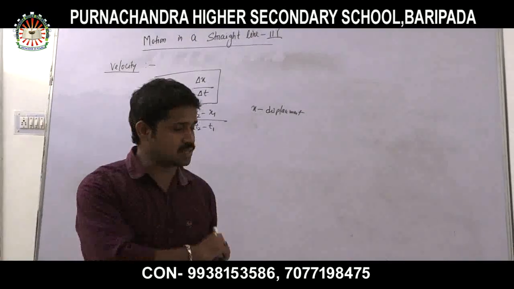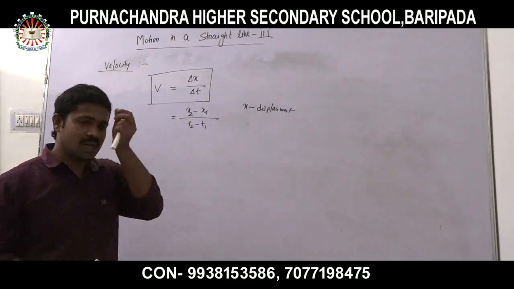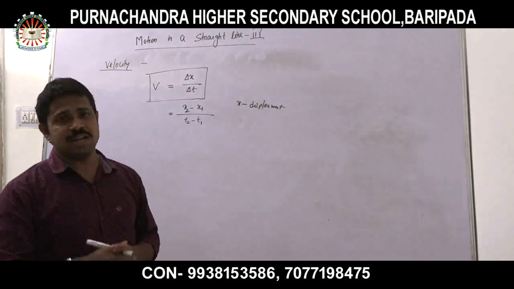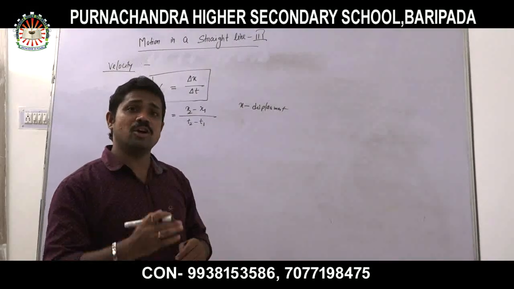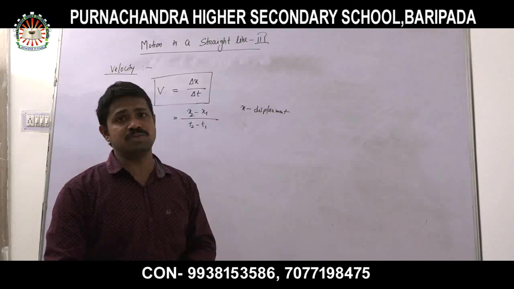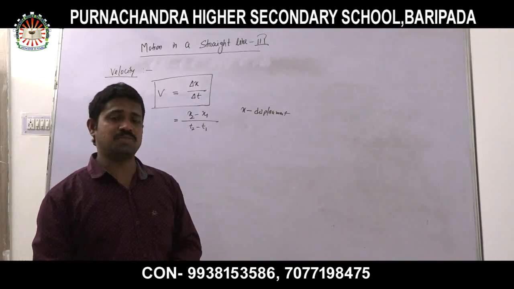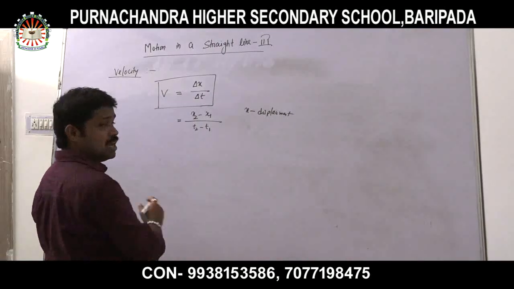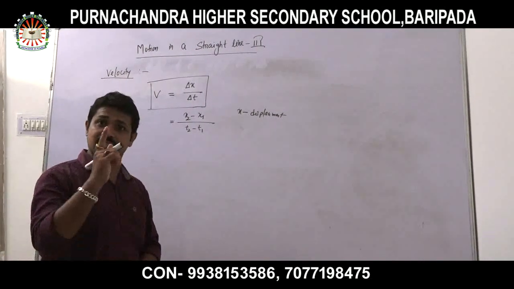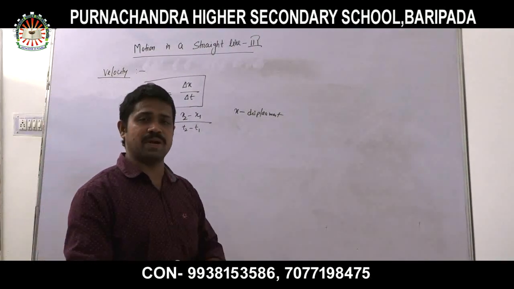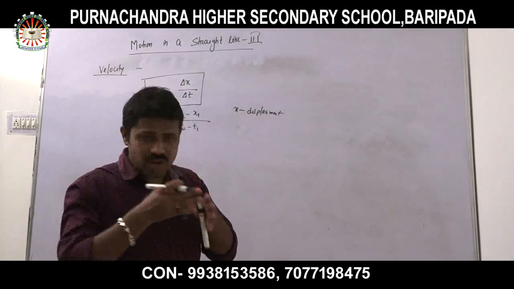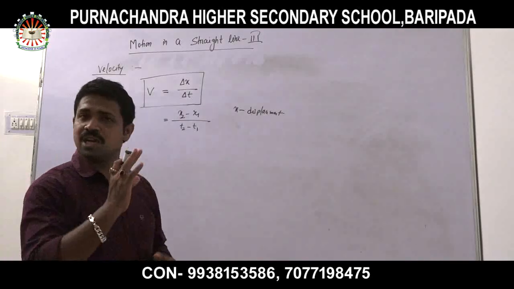Not a distance. What happened in the previous class? In the speed portion, I discussed that speed is the rate of change of the distance of the object. The rate of change of distance gives me the speed of the object, and it is a scalar quantity. It does not depend upon the direction in which the object moves.